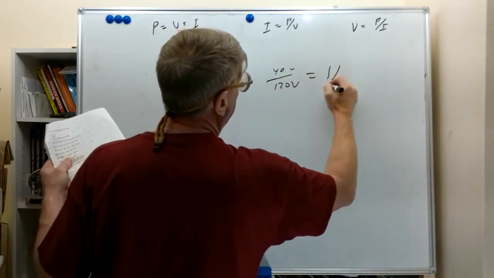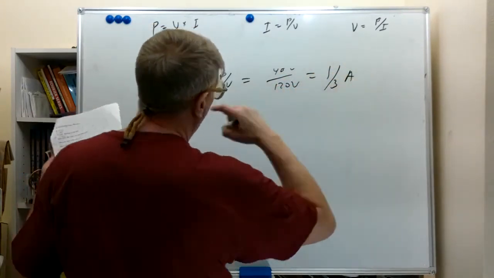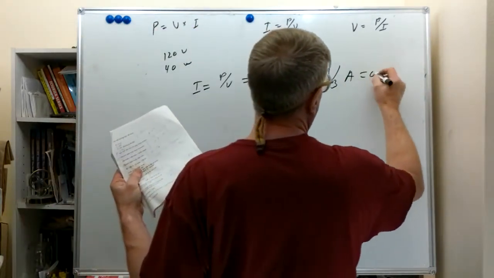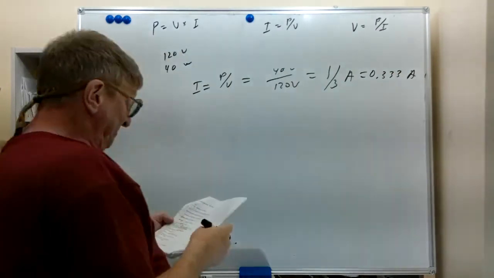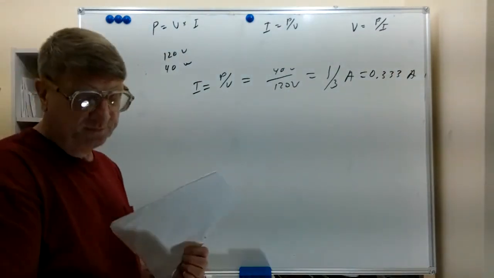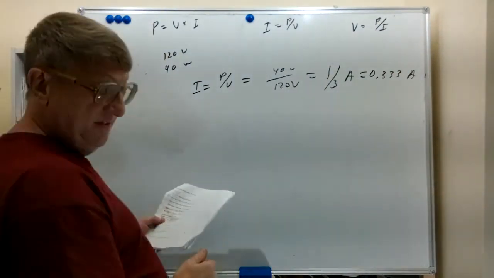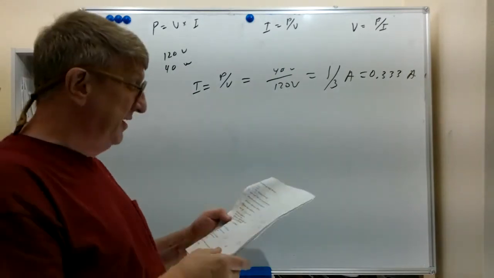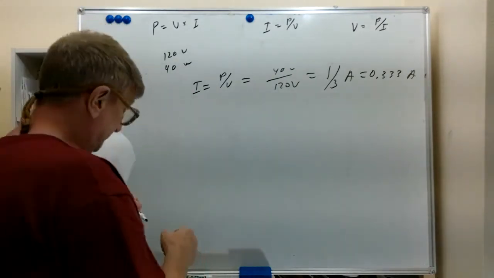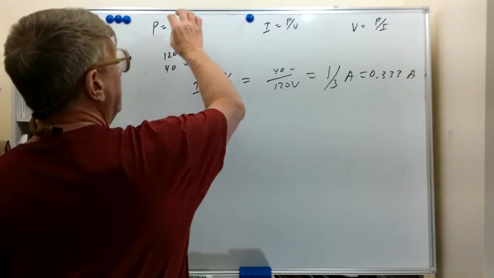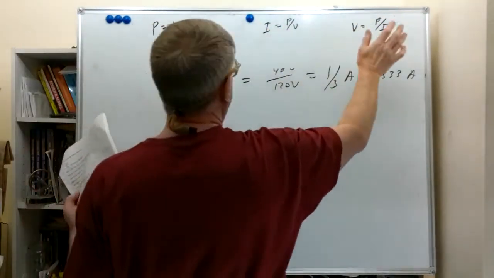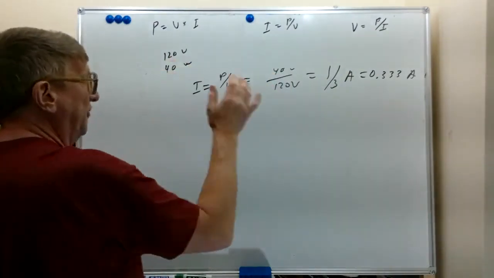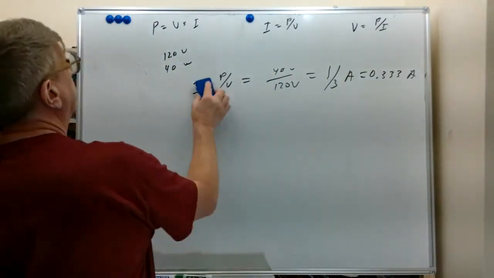That's basically 1/3 amp. Or if you go to decimal, it might be 0.333 amps. So we've done a little bit of work with the power formulas, and we use a very similar method to solve for different variables in the power formula that we use to solve for different variables in Ohm's law.